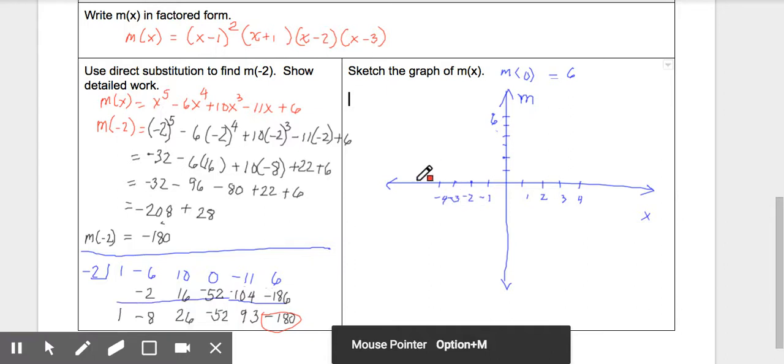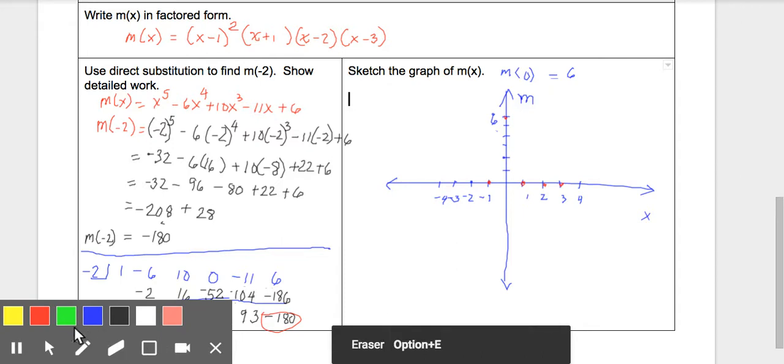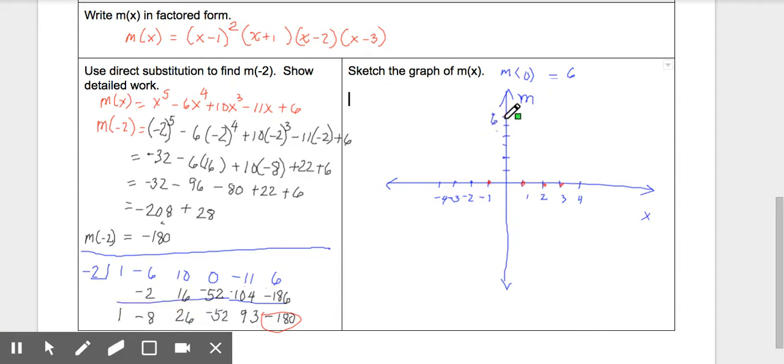So zeros are 1, negative 1, 2, and 3. And the y-intercept is 6. So the graph has to go to 1.